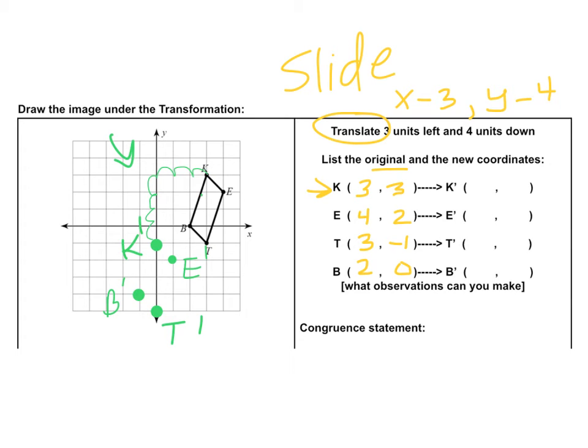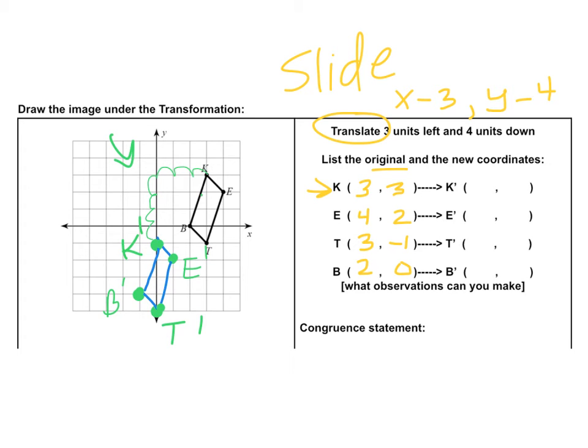Okay, now neatly connect, and we should have, oh my gosh, I'm going to redraw that. That's really crooked. Okay, nice and neat. Try to make it nice and neat and congruent. And we should have the same figure, same shape, same size.